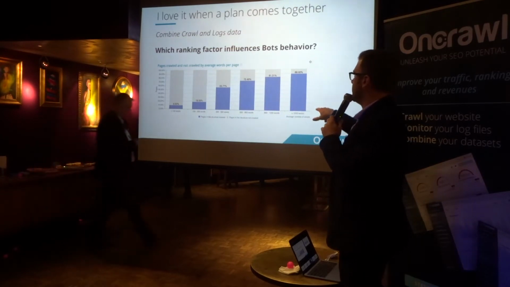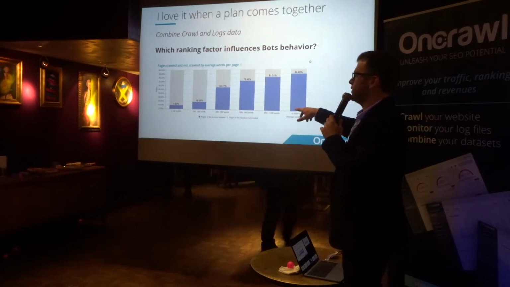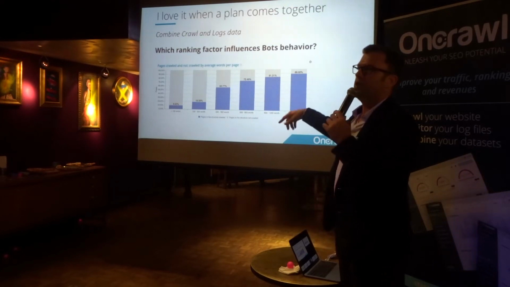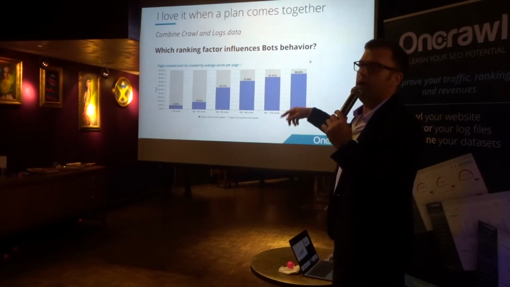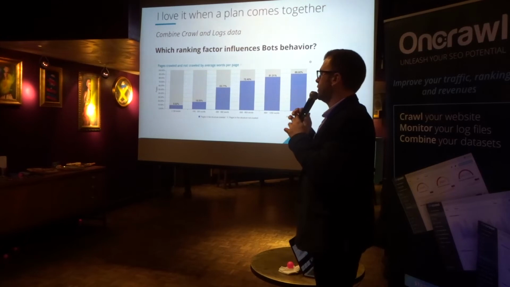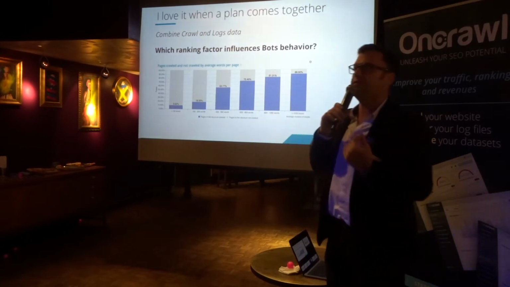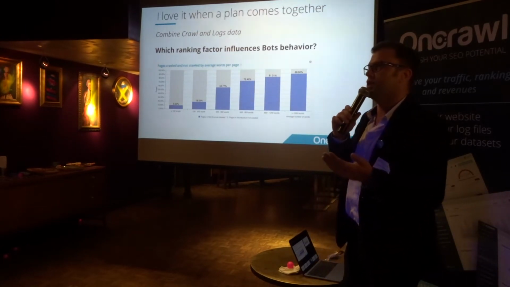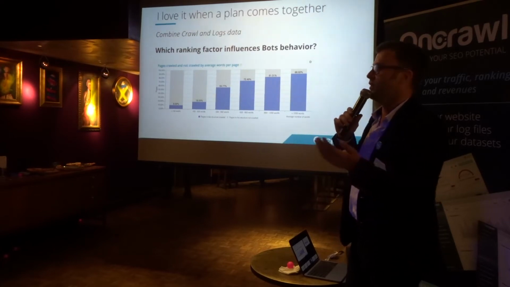What you can see here is that as long as you get more than 800 words, Google is crawling 8 out of 10 of your pages. But as soon as you get less than 500 words, Google is just crawling one page out of 2.